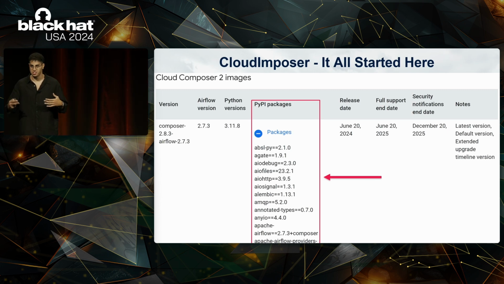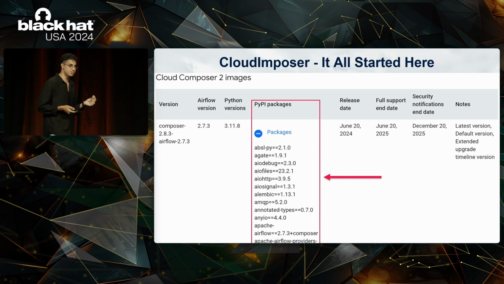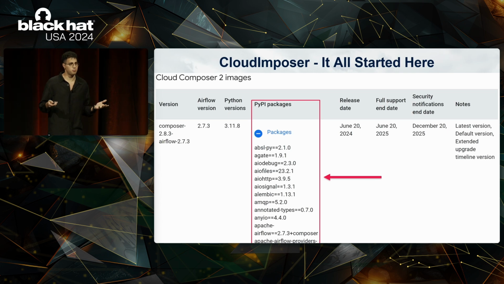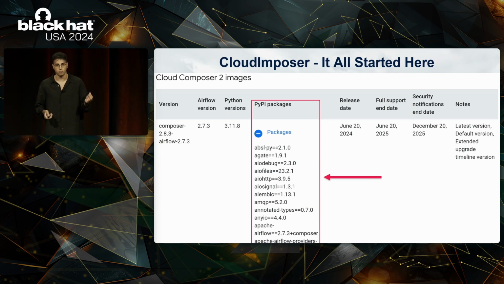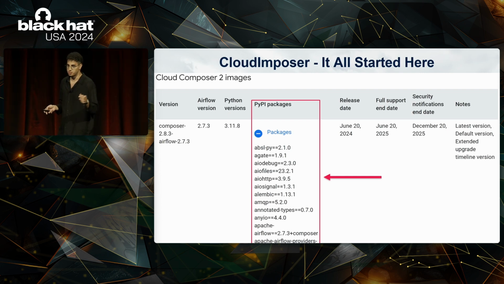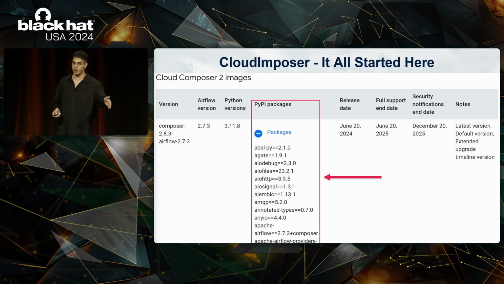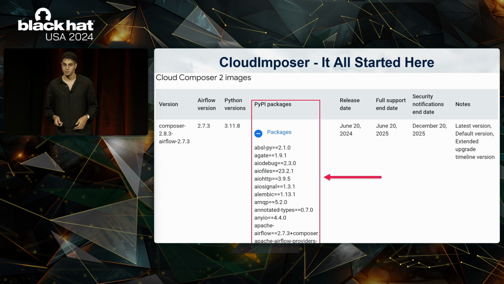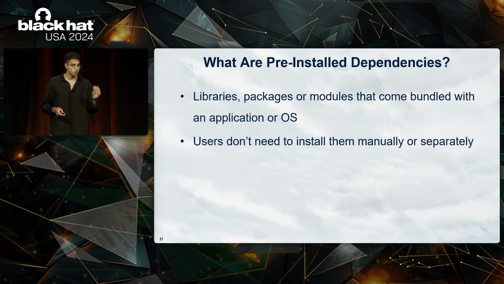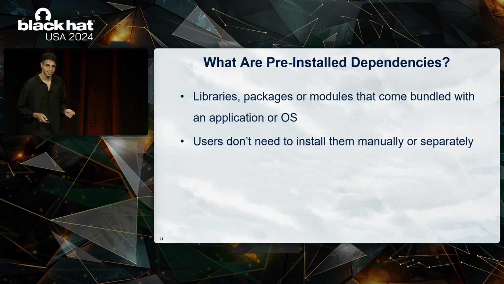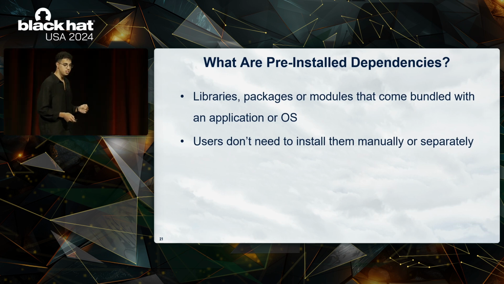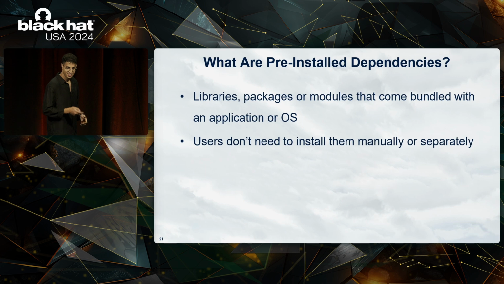And as a researcher, after talking about dependency confusion, I was curious to see maybe I can confuse the process of each GCP Composer service in the world, that each GCP Composer in the world installs the same PyPI packages we just saw in the documentation. So I had an idea. These are pre-installed dependencies. These dependencies are installed in each GCP Composer service.